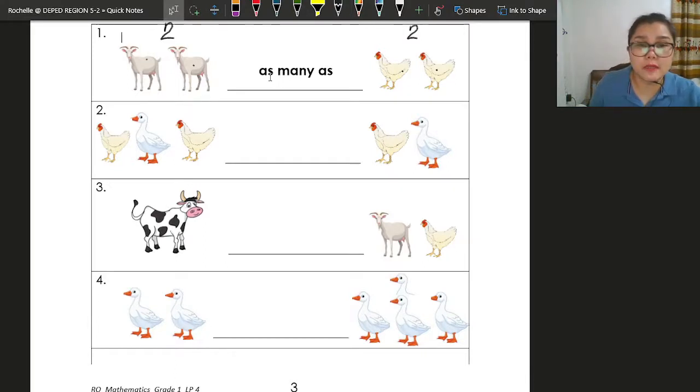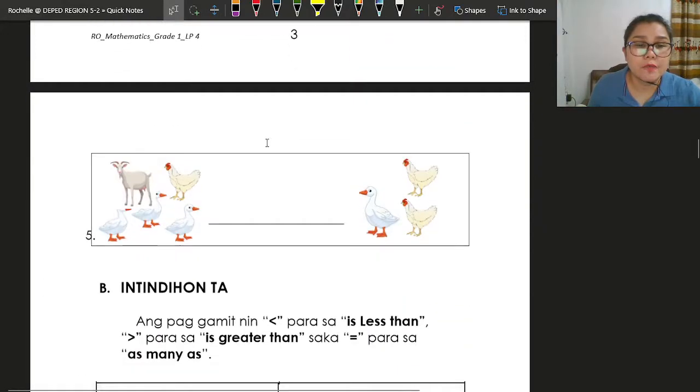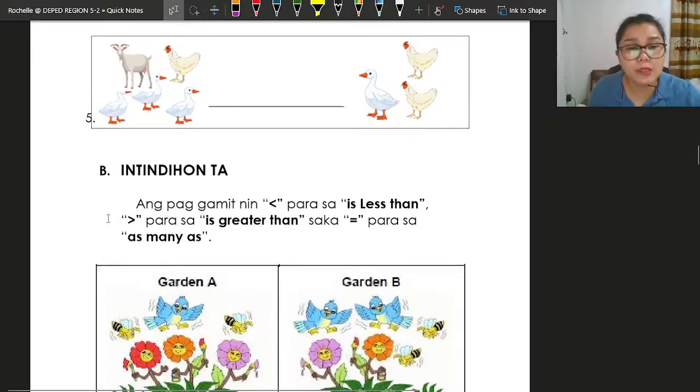So that this is for number 2, number 3, and number 4. Pause muna para makita, mabilang agad. And then this is for number 5. Again, pause so that you can answer until number 5. And when you're done, let's proceed with part B, intindihon ta.